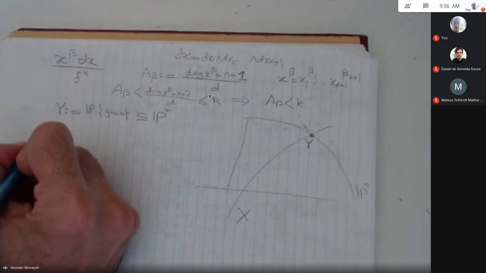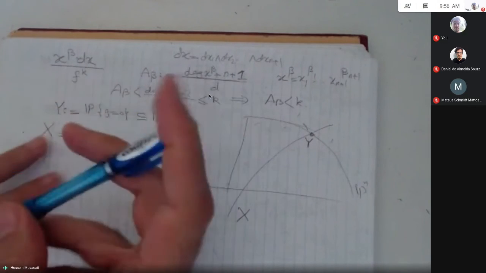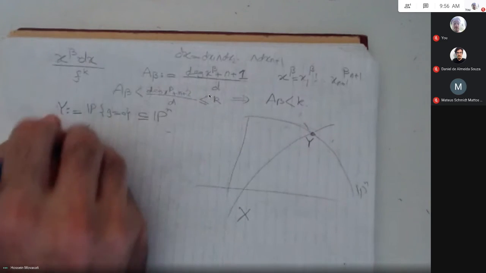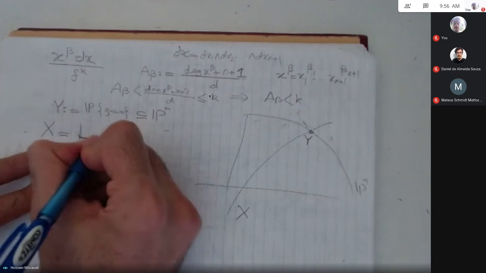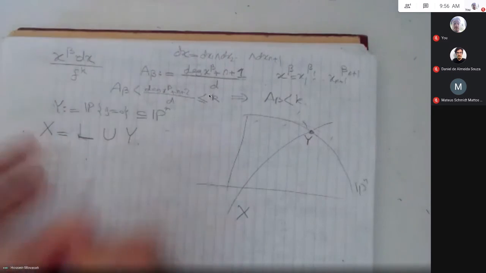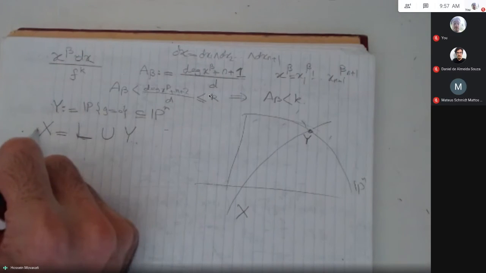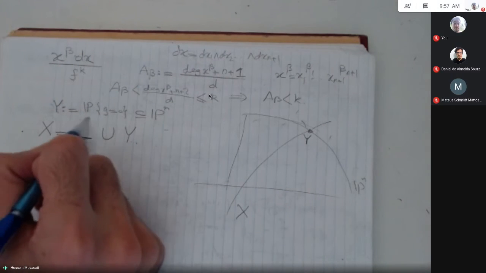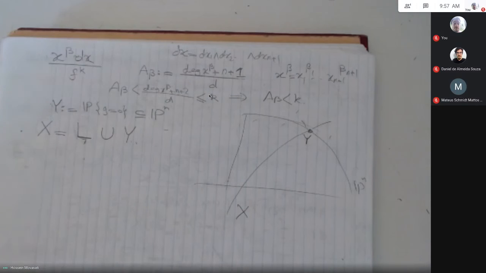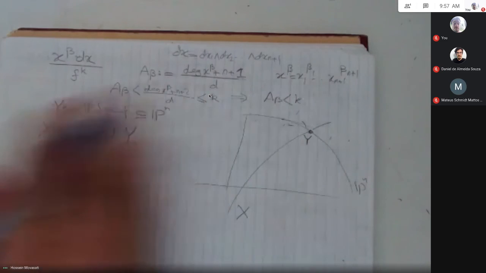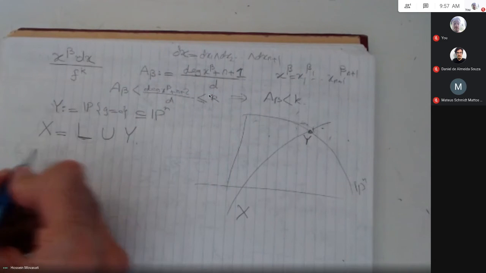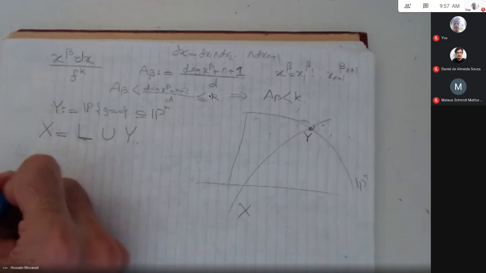And at the end of the day, my variety x is this affine variety union with this y. So the idea is that we want to capture the Hodge theory of x by just looking for this affine variety, but maybe in our way we will see.